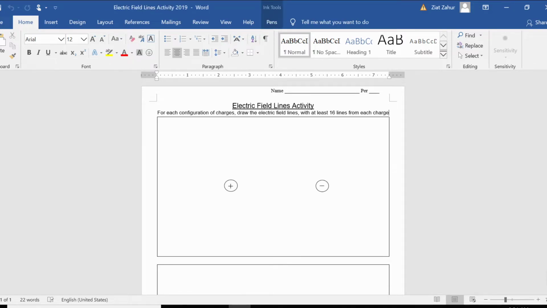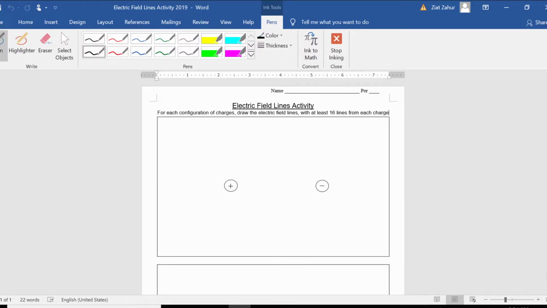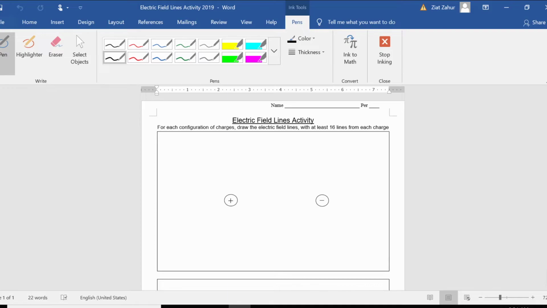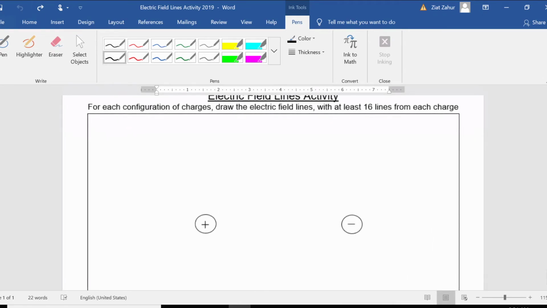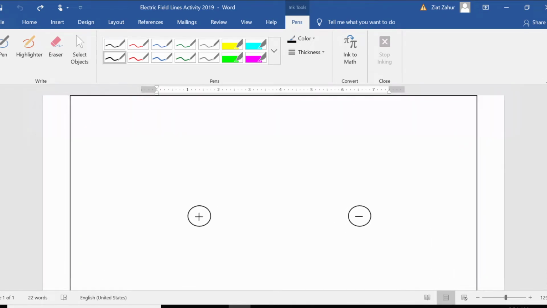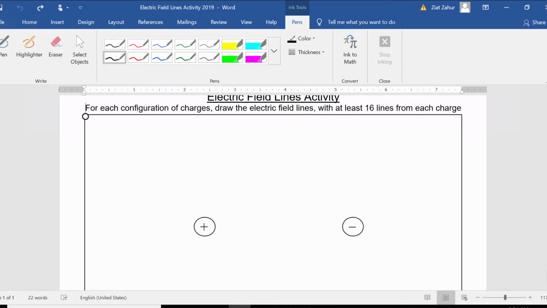Let's see if I can draw with pens. Okay, so the easiest way to do this activity, of course, is to use a ruler. Okay, use a ruler. It says to draw electric field lines with at least 16 lines from each charge.